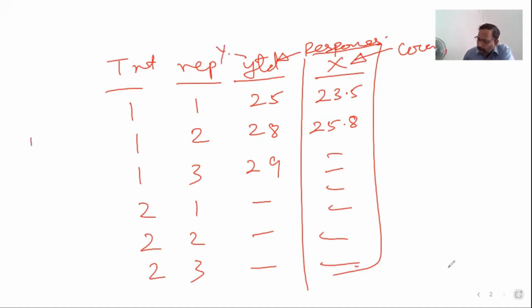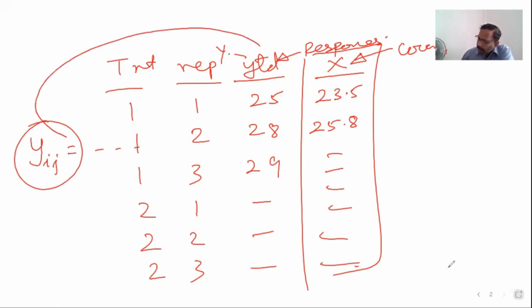Can you remember in the model, we write it as Yij? So what is this Yij? This is the observed value, nothing else. When you say X and Y, what is that? Yesterday I mentioned about that.